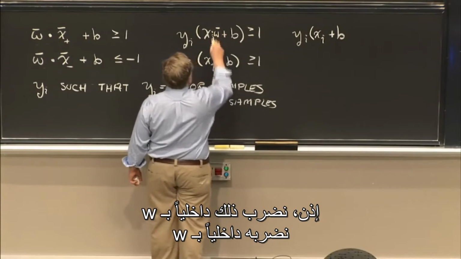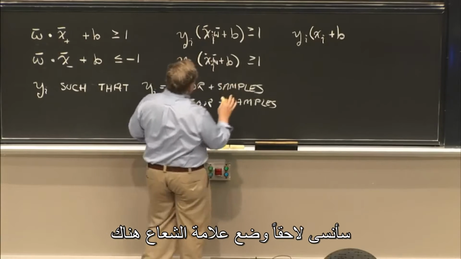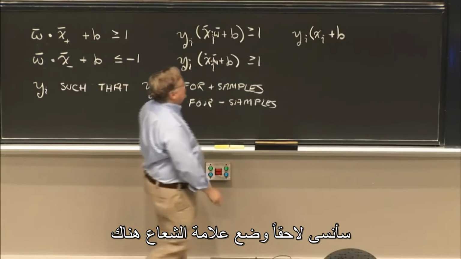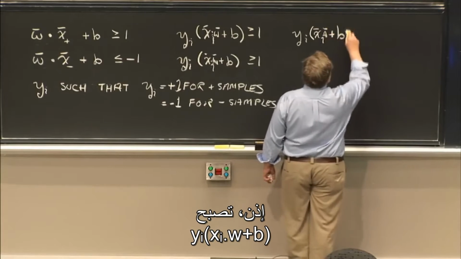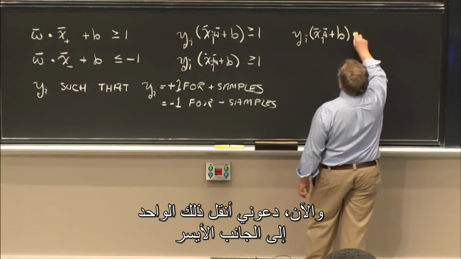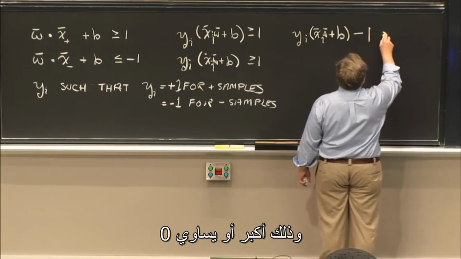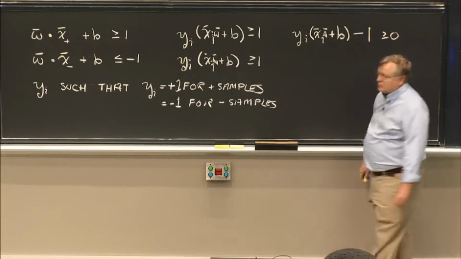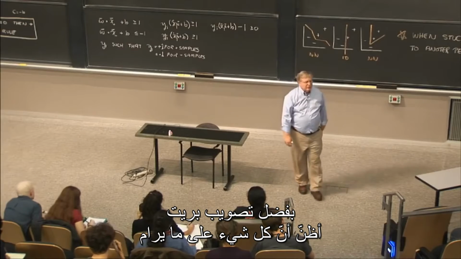So that's x sub i dotted with w. Thank you, Brett. Those are all vectors. I'll pretty soon forget to put the little vector marks on there, but you know what I mean. So that's w plus b. And now let me bring that 1 over to the left side, and that's equal to or greater than 0. All right? Now, with Brett's correction, I think everything's okay.